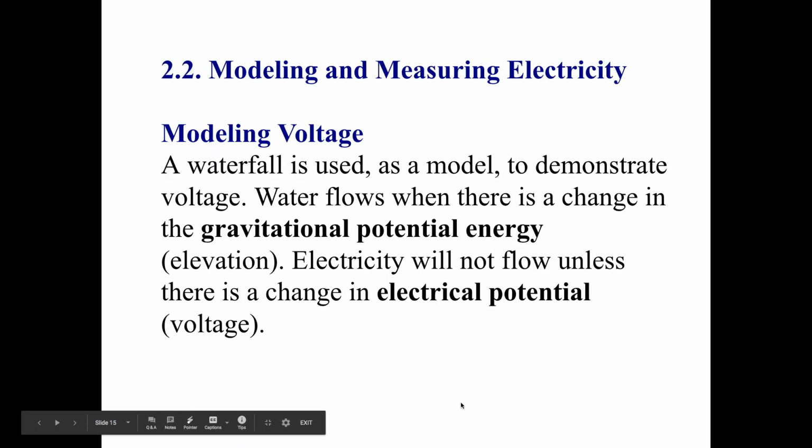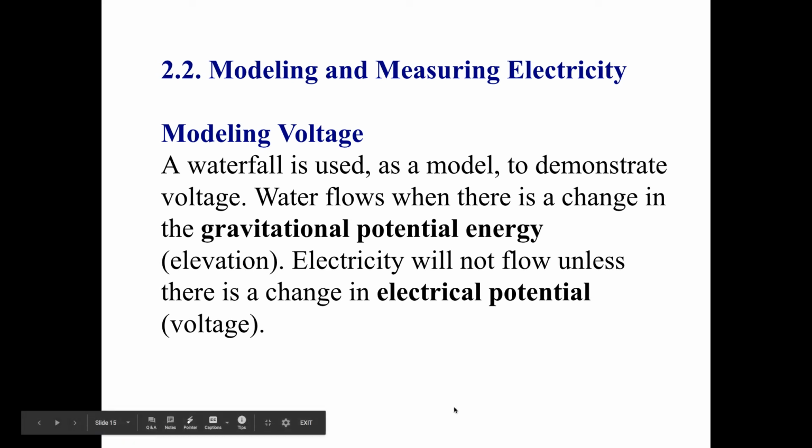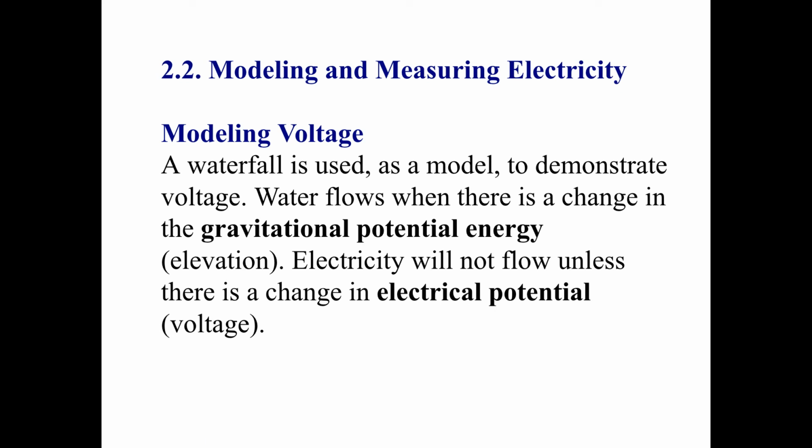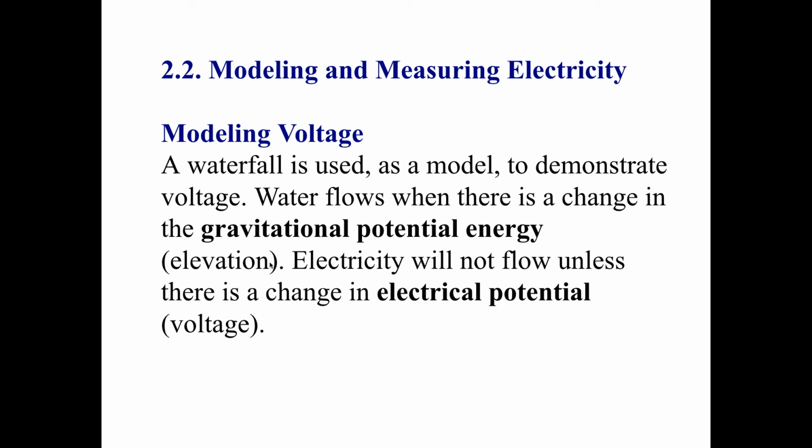So we'll look at how we model and measure electricity. If we're modeling voltage, one of the ways that we do that is because voltage is the potential energy behind the electrical charge, we often use gravitational analogies. Gravitational potential energy is referring to elevation. The higher up an object is, the greater its potential energy.